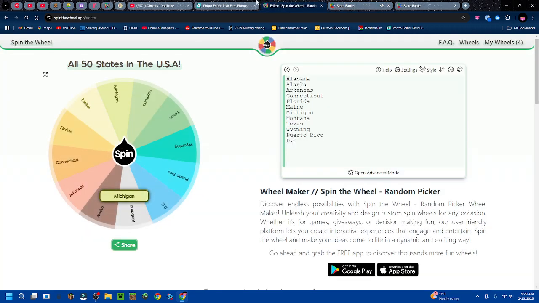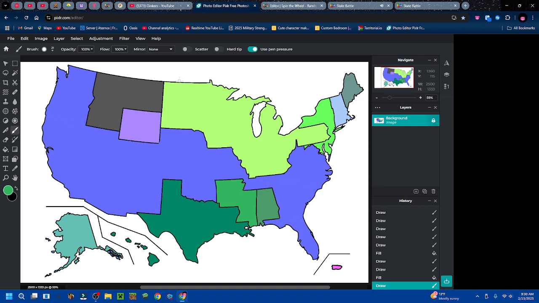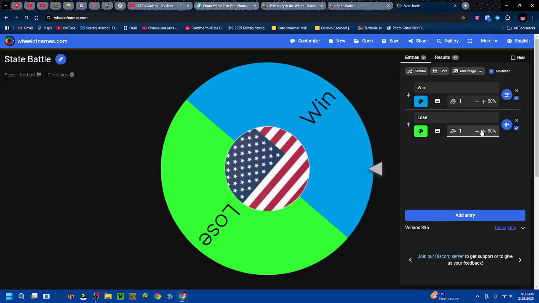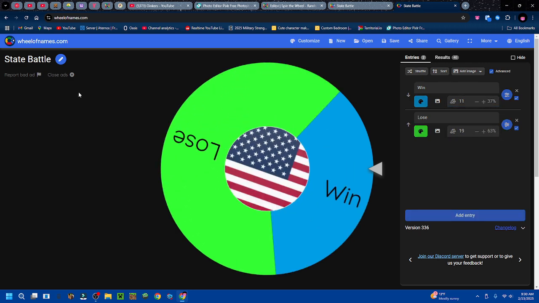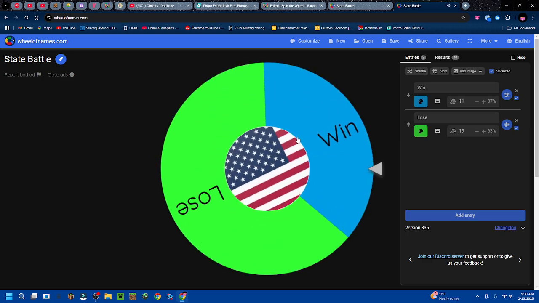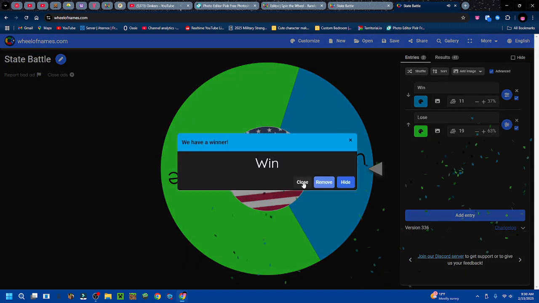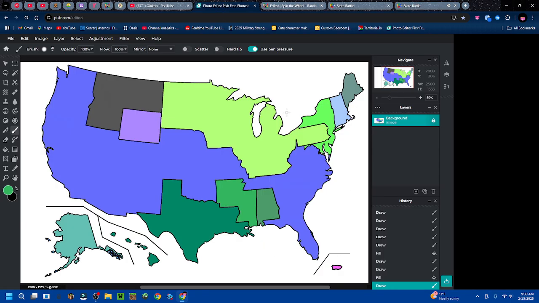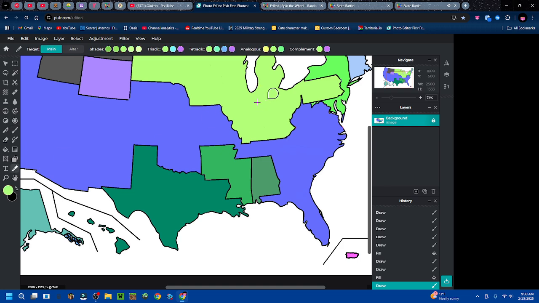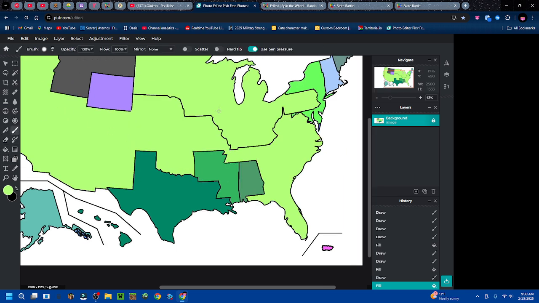He's a little more powerful, but I don't think he's powerful enough. 1, 2, 3, 4, 5, 6, 7, 8, 9, 10, 11 versus 19. 11 versus 19. It's actually kind of close. And Michigan's going to be winning against Florida, man. I did not think that would happen. Michigan wins against Florida, man. He who is a monster has been taken out by he who has the Great Lakes.